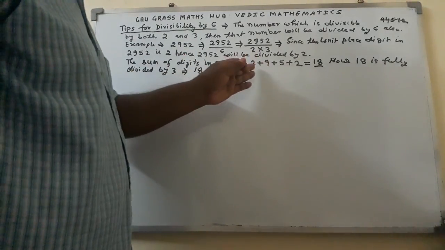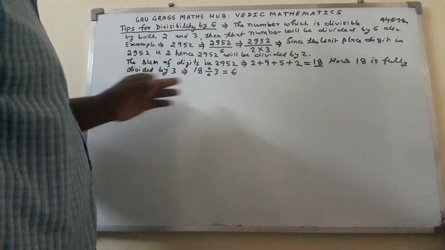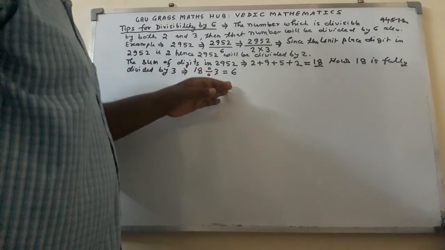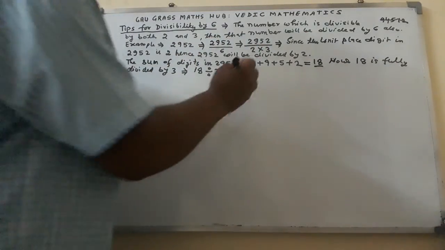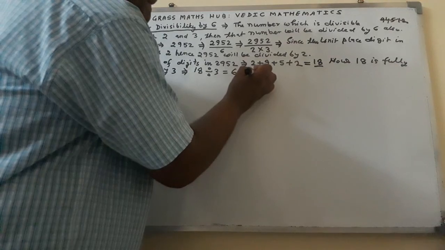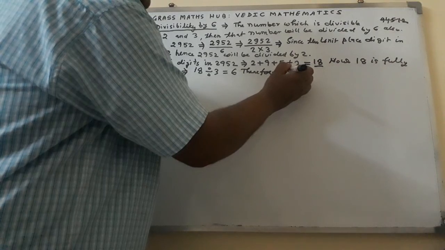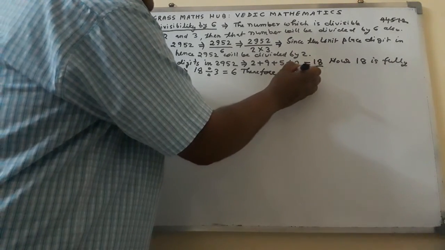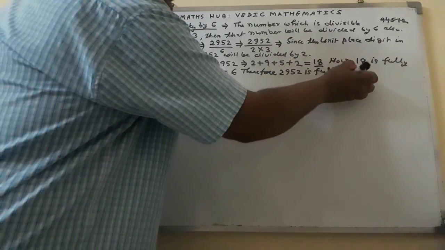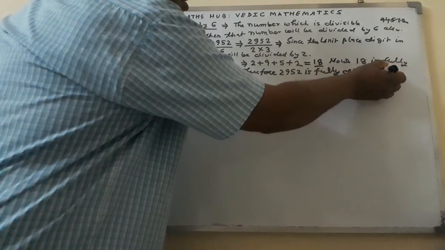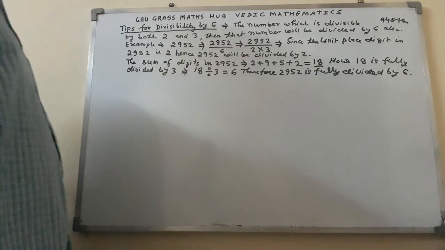Since the sum of digits you have got here is 18, and 18 is fully divided by 3, that's why this number will be divided by 6. Therefore 2952 is fully divided by 6.